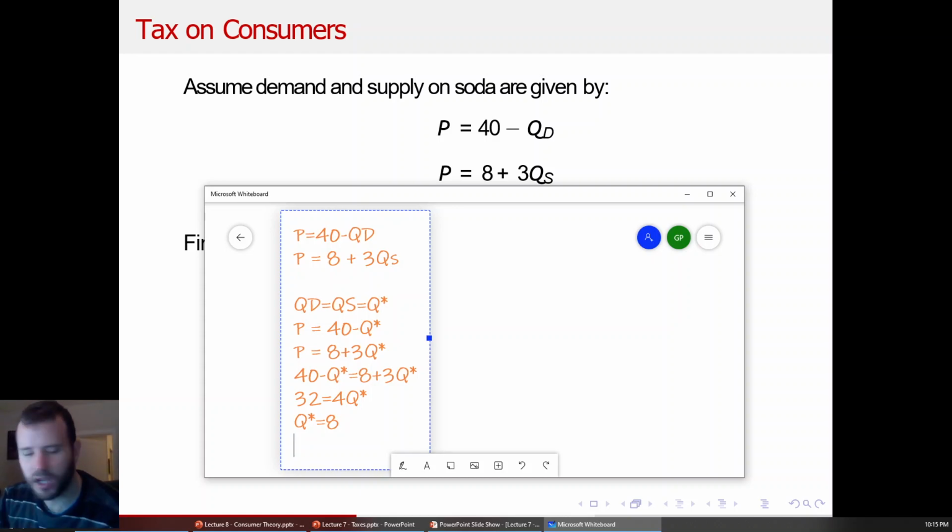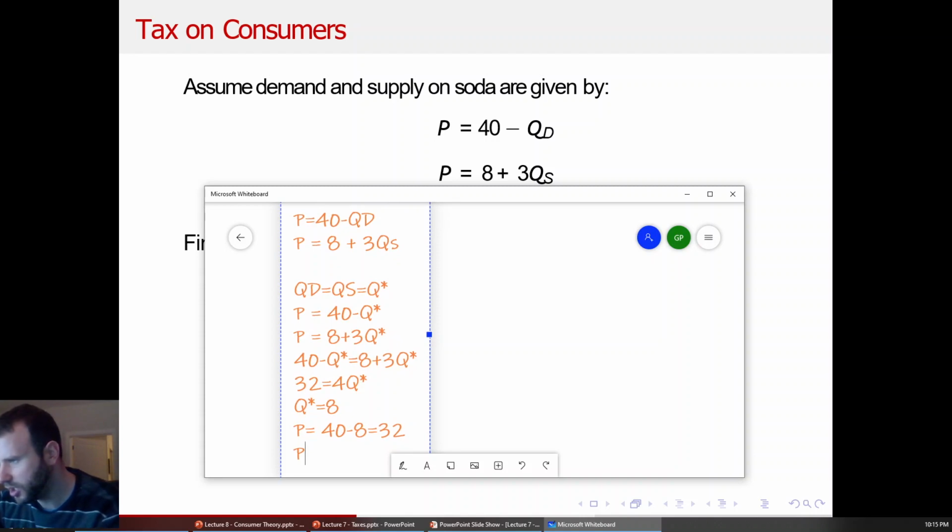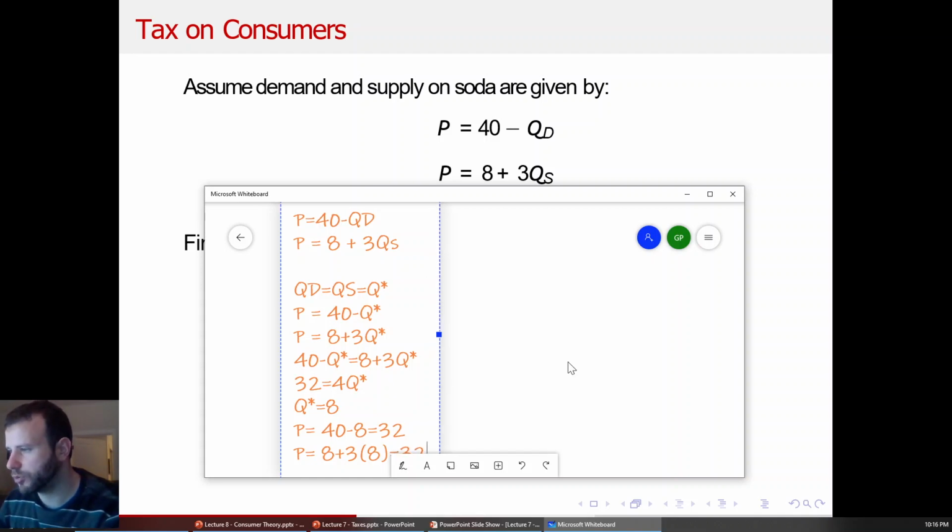And then I can plug Q star equal to 8 into either the supply equation or the demand equation, or both. I'm going to do both and just check my work. P equals 40 minus 8, so that equals 32, easy enough. Double check it: I'll put it into the supply equation, 8 plus 3 times 8. That's P equals 8 plus 24, which is equal to 32.